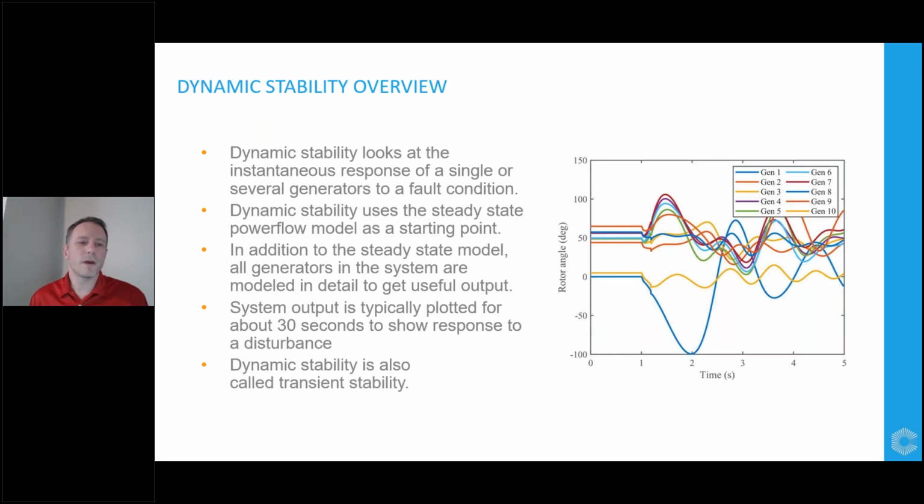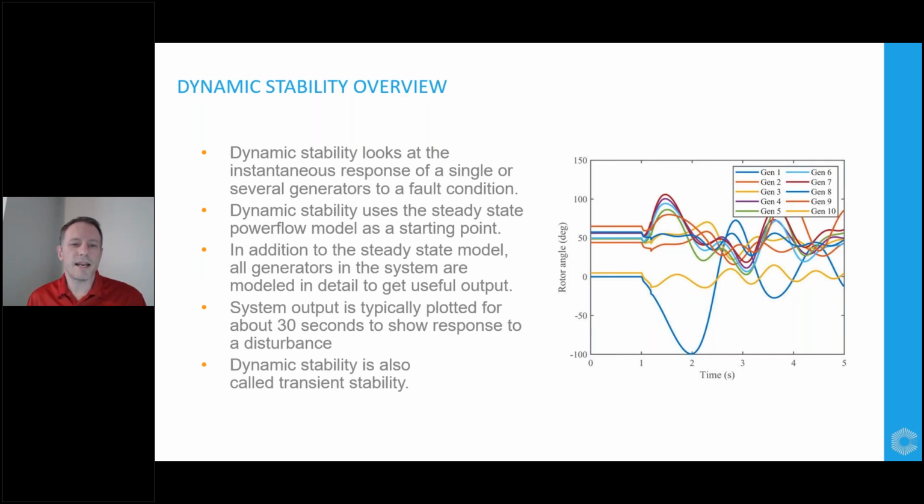All right, thank you. So this presentation is on dynamic stability, and in general, what dynamic stability does is it looks at a very short time window, maybe 30 seconds of response, of what happens to the power grid after a fault or a disturbance.